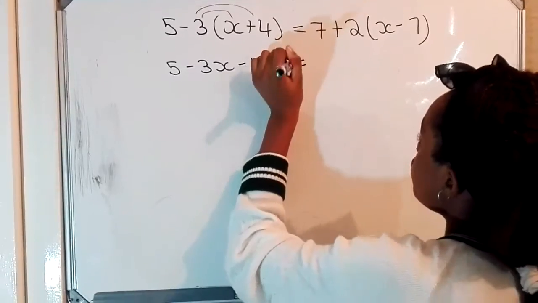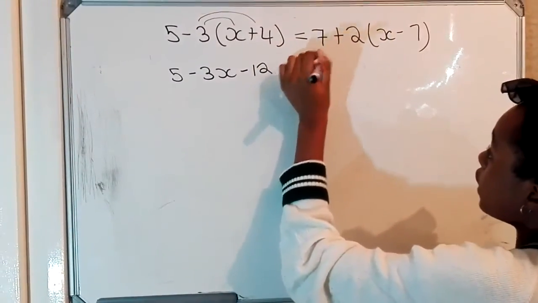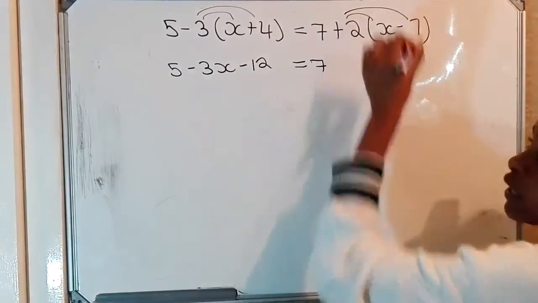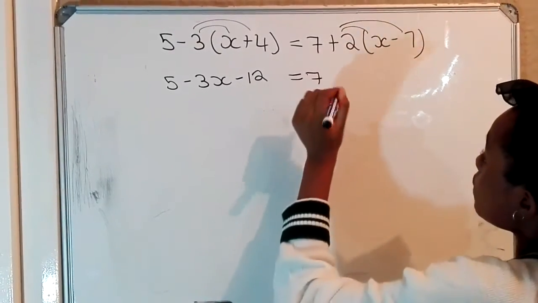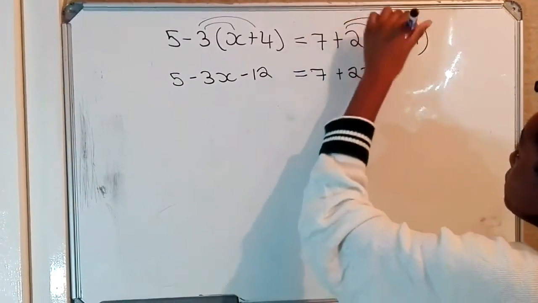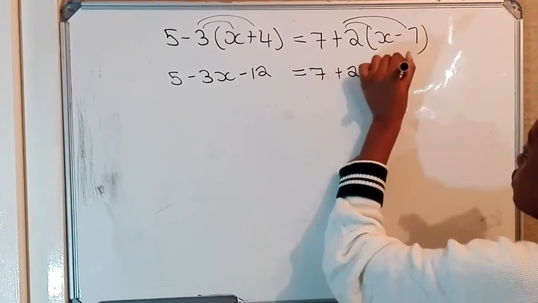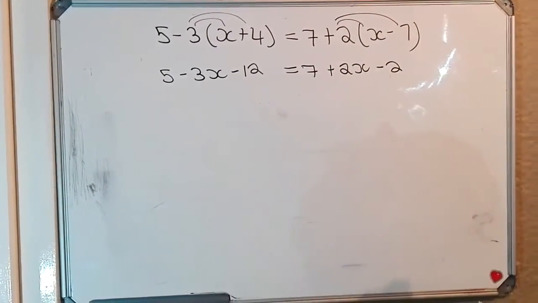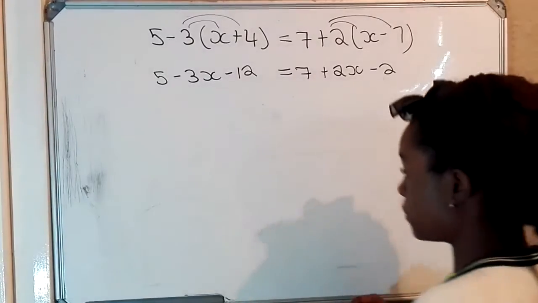And is equal to, I'll leave 7 and do the same thing. I'll distribute 2 into everything in the bracket. So 2 times x gives me plus 2x. 2 times negative 1 gives me negative 2. Now we have something we can deal with.